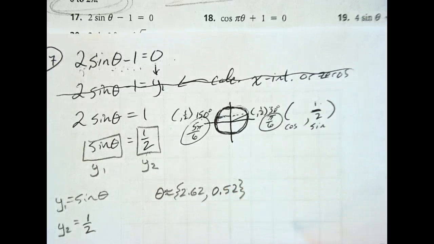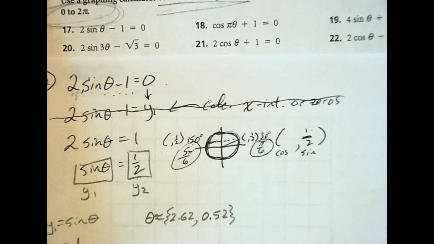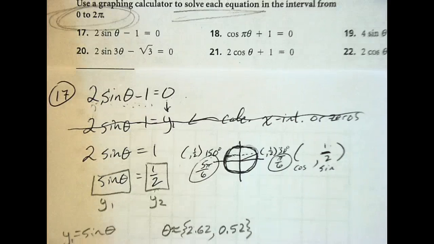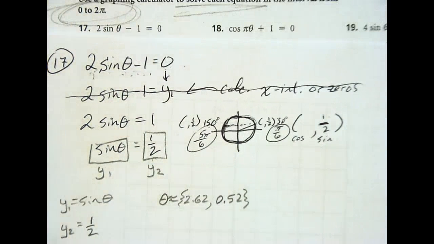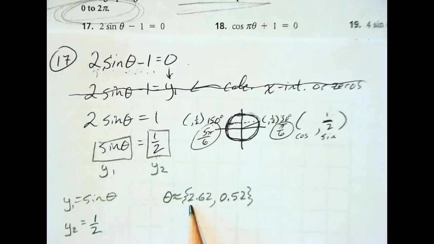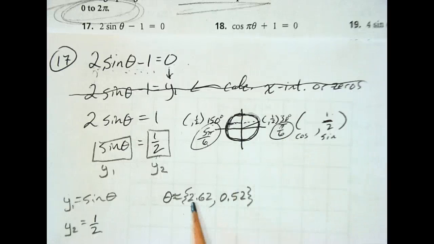Well, here's the problem I have, and maybe you're thinking this yourself. Like I said, the answers were these, and now I'm telling you the answers are these. Same thing. How are they the same thing? Pi divided by 6 equals 0.52.